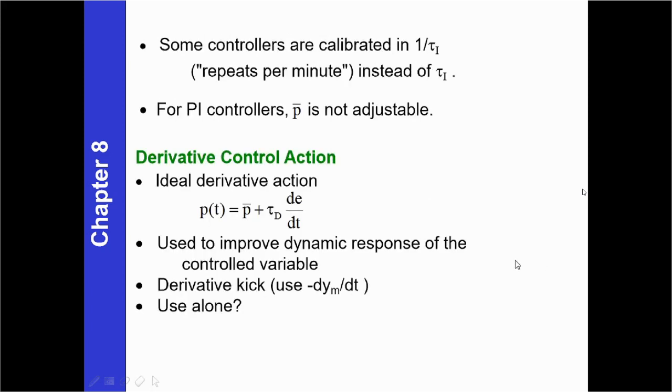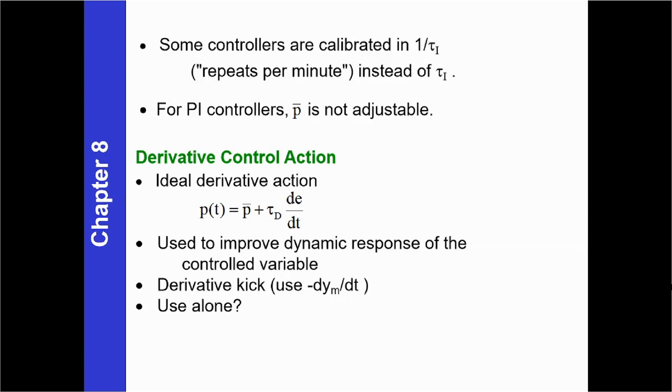Some controllers are also calibrated in 1 over τI. In other words, 1 over τI is the repeats per minute, instead of τI, the integral time. For proportional integral controllers, P bar is not adjustable. Because of that, we need to consider another type, called derivative control action.